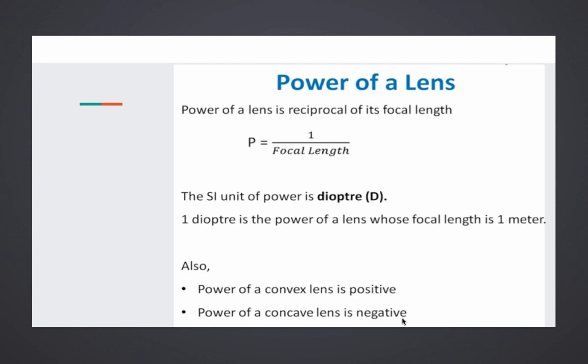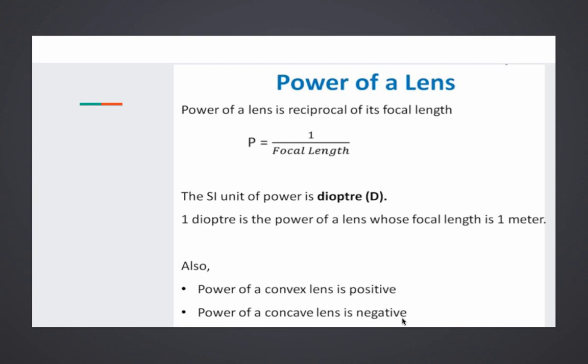And when the image formed is behind the lens, it will be taken as positive. For a concave lens, we know the image formed is always virtual, erect, diminished. So for concave lens, U, V, F are always negative.